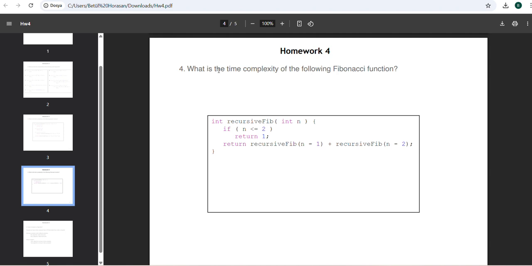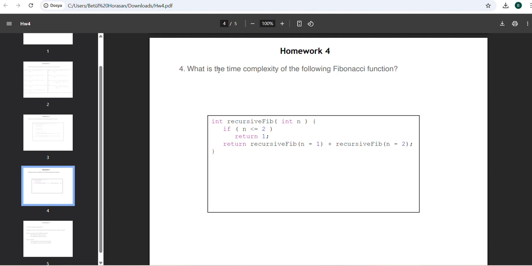The function calls itself twice in each invocation, a recursive fib(n-1) and a recursive fib(n-2). This results in a recurrence relation for the runtime T(n). This recurrence follows the same growth pattern as the Fibonacci sequence itself.